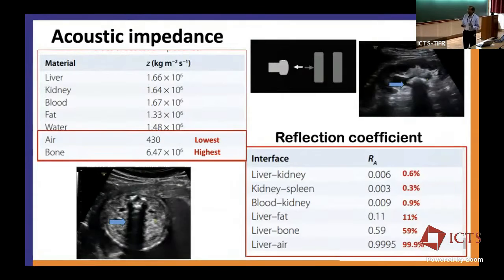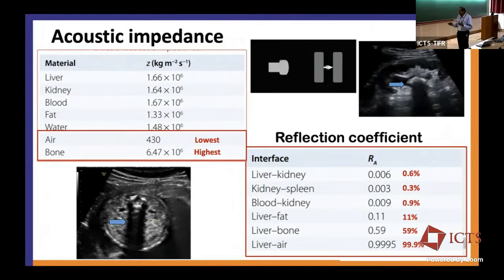Now, what is important for us is to understand the acoustic impedance of different tissues and what happens when sound meets a tissue of one acoustic impedance to a tissue of different acoustic impedance. That is exactly where reflections take place. And the amount of reflection that takes place depends on the difference in the acoustic impedance between the two tissues.